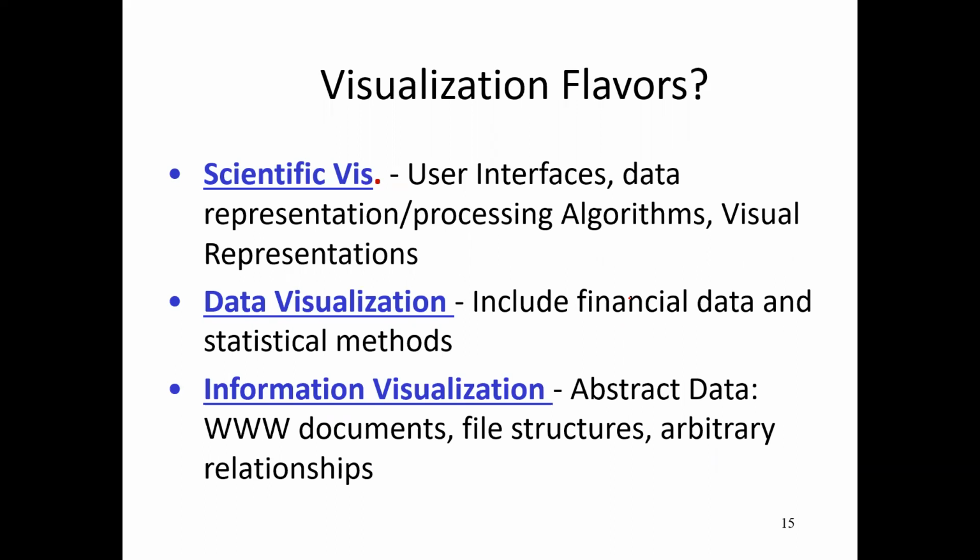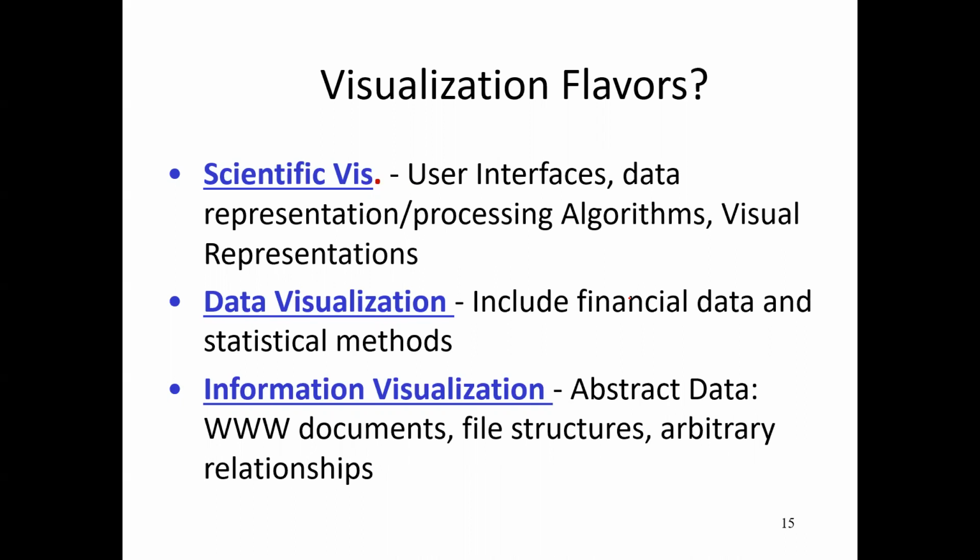But you can see they have different definitions, let's say, right? Scientific visualization includes user interfaces, data representation, and we learned there are some processing algorithms, and so on. And data visualization includes financial data, and we can use statistical methods to reduce the data, and then you can visualize them, right?